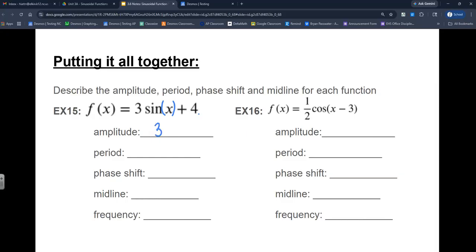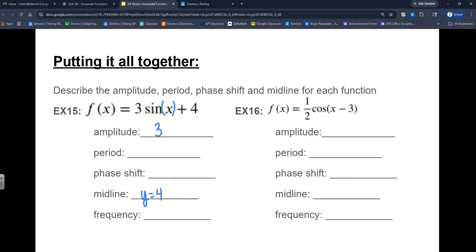I think midline is the second easiest to find. That midline comes from this number right here, which is that 4. This midline will be y equals 4. You should get an answer for everything except for phase shift on this one. Phase shift is the only one that we can say none to.